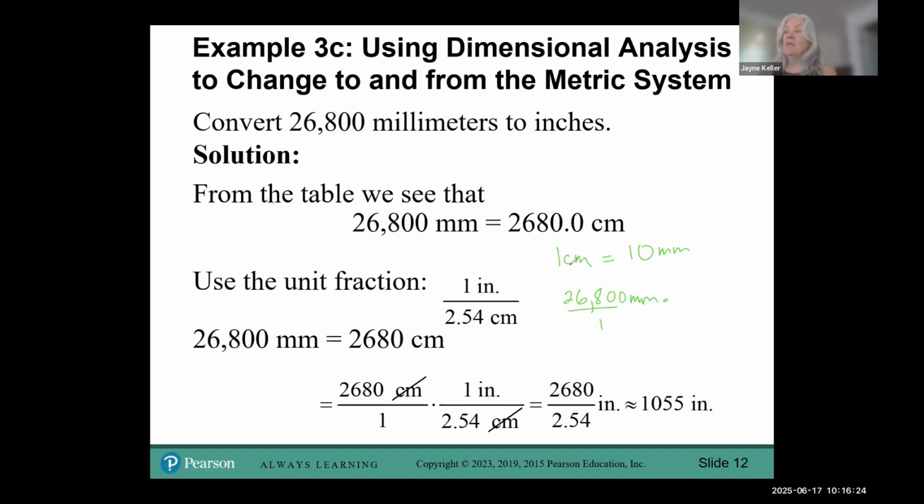And then to convert to centimeters, I can use this one, 1 centimeter, what I want in the numerator, 10 millimeters in the denominator. And then I can multiply by my conversion factor, which converts from centimeters, which I put in the denominator, to inches in the numerator. And now I can cancel millimeters and centimeters. So this will accomplish the same thing that we did here. Just another way of thinking about doing that conversion from millimeters to centimeters.